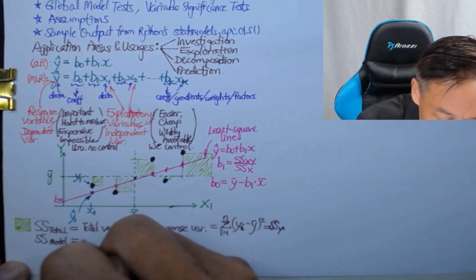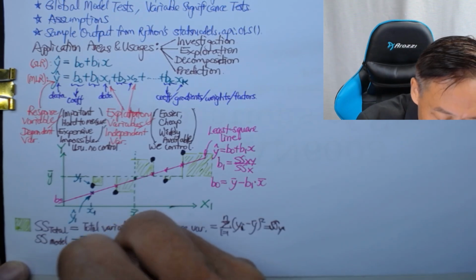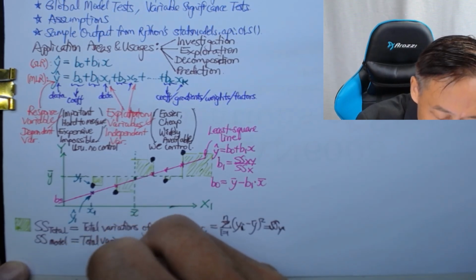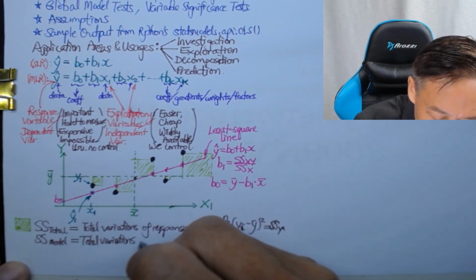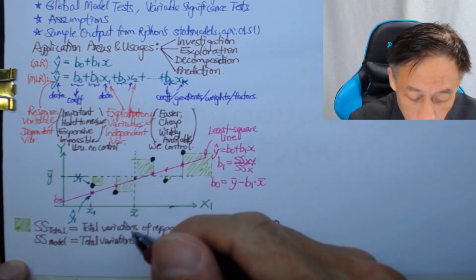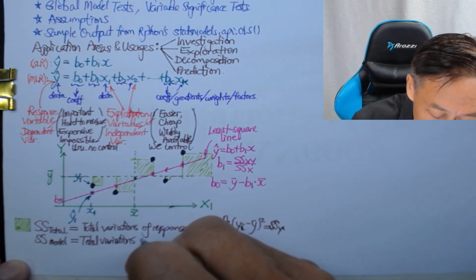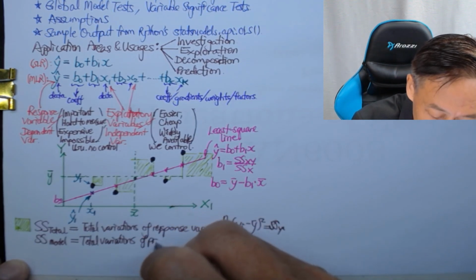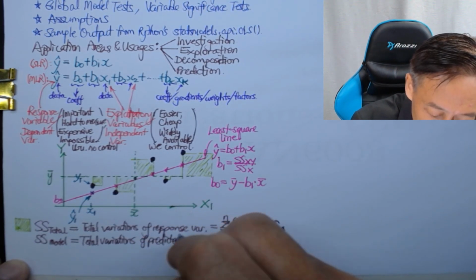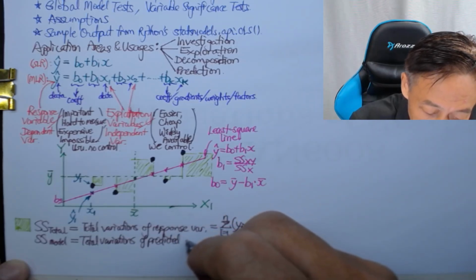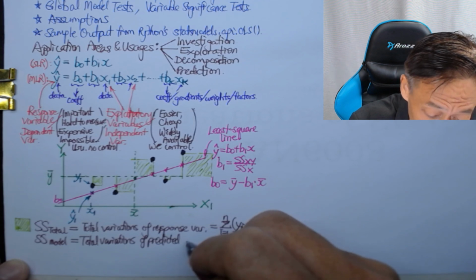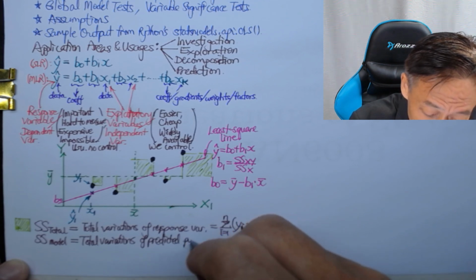The SS model is the total variations of the predicted points.